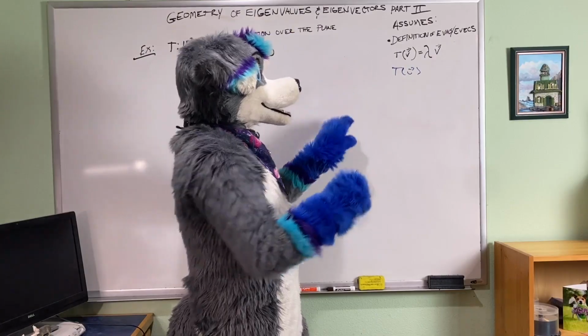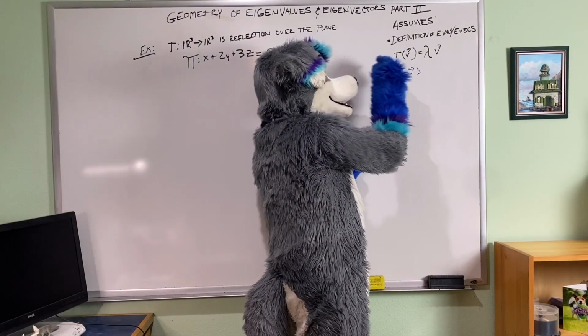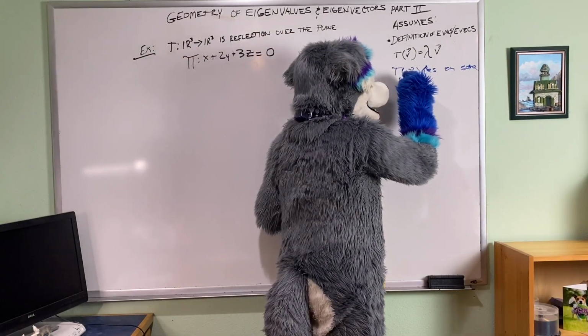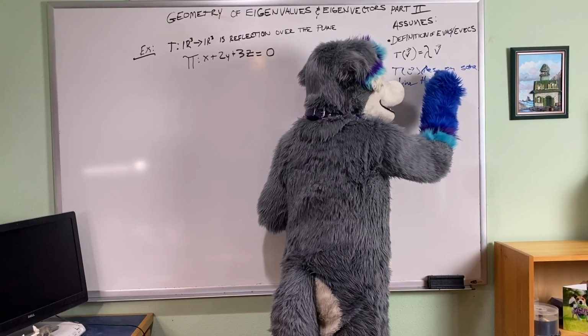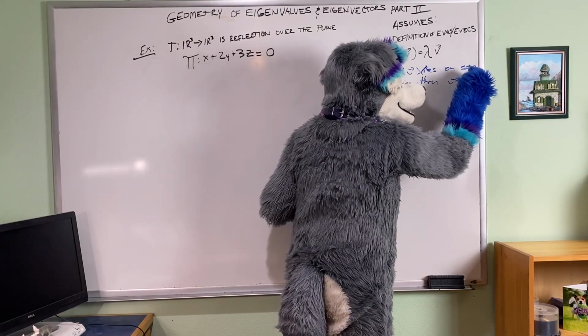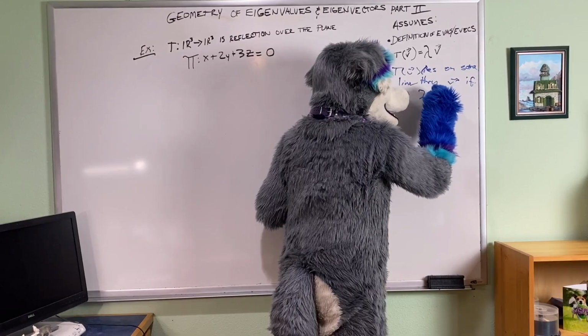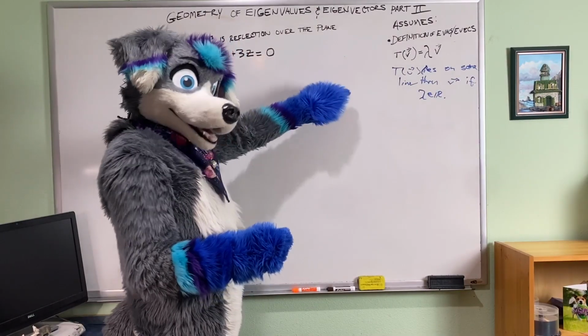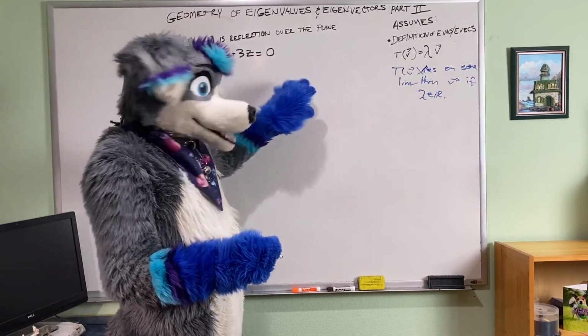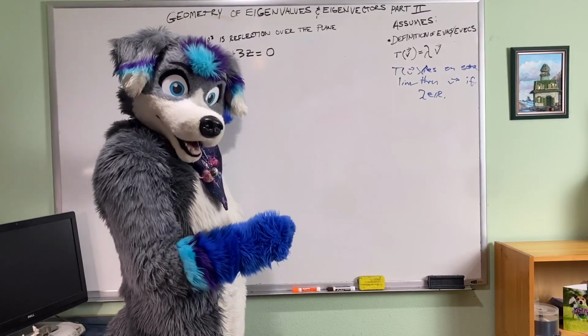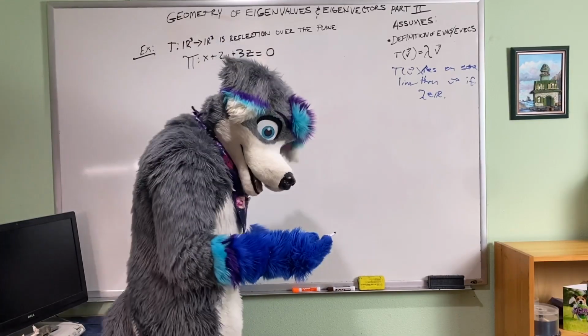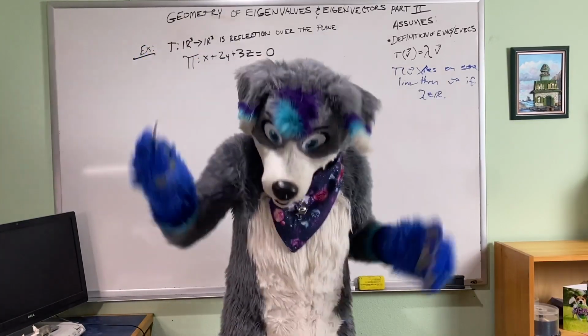We'll focus on real numbers in this case. So remember that idea. We'll use that idea to help us figure out what the eigenvalues and eigenvectors of this particular linear transformation are.